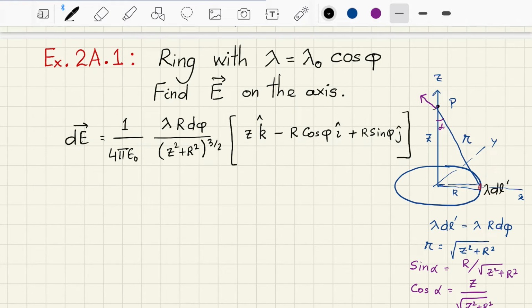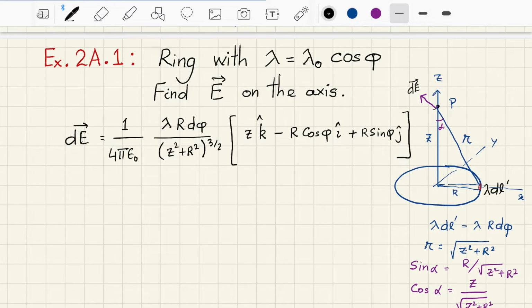Now r by this is sin alpha, which I have already taken into account, and z by root over z square plus r square is cos alpha. So basically it is a cylindrical problem. I have now resolved the field. This is the dE in i, j, k.